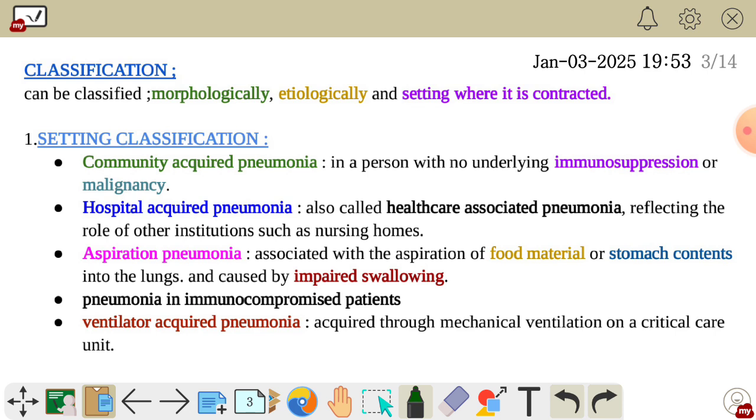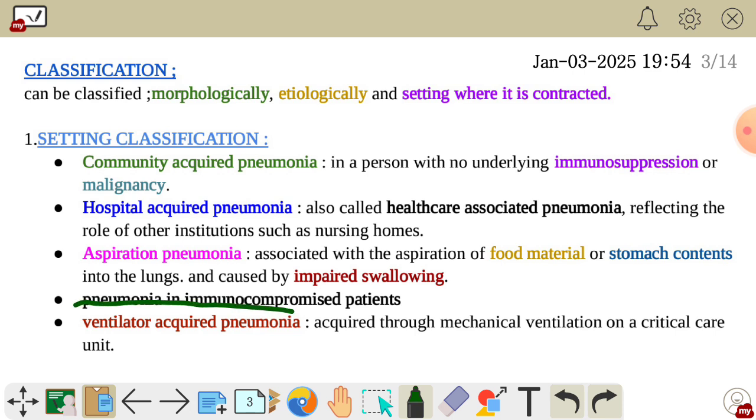Apart from that, we have aspiration pneumonia, but in most cases, this one is classified under etiological classification. And we also have ventilator-acquired pneumonia, where we have a patient who has been put on a ventilator, and during the period that the patient is on the ventilator, they acquire the pneumonia.